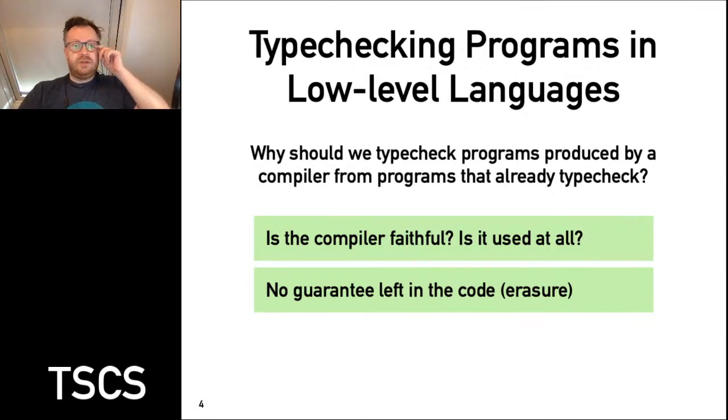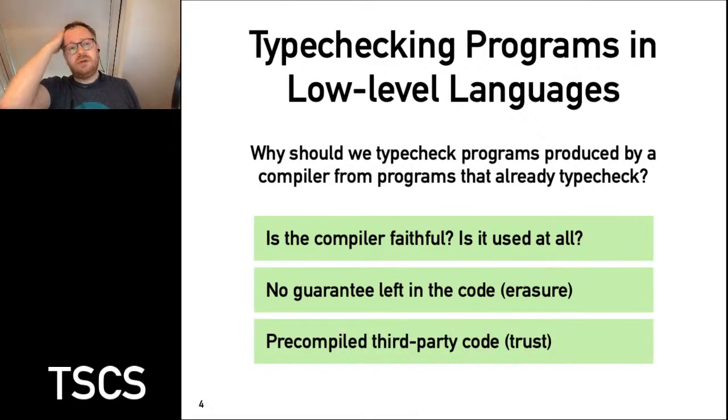And if you think that you downloaded programs from the internet, you probably have not looked into this code ever yet. And it would be nice to have some guarantees left that these are actually type safe.